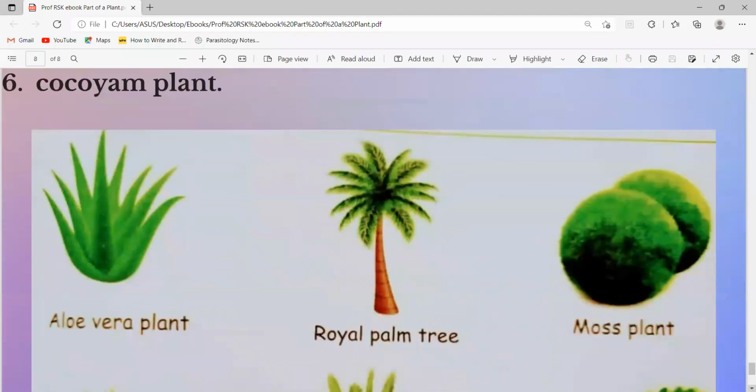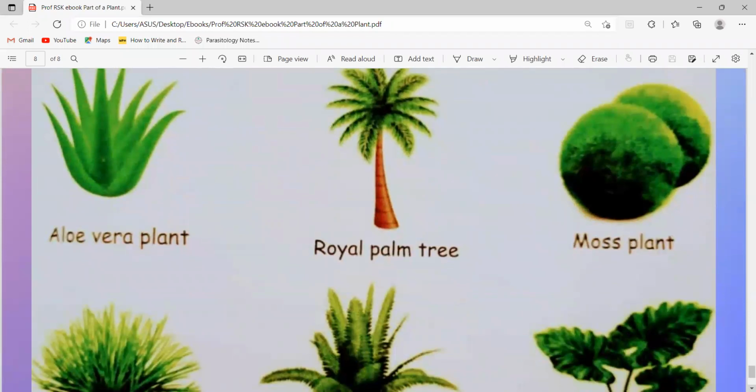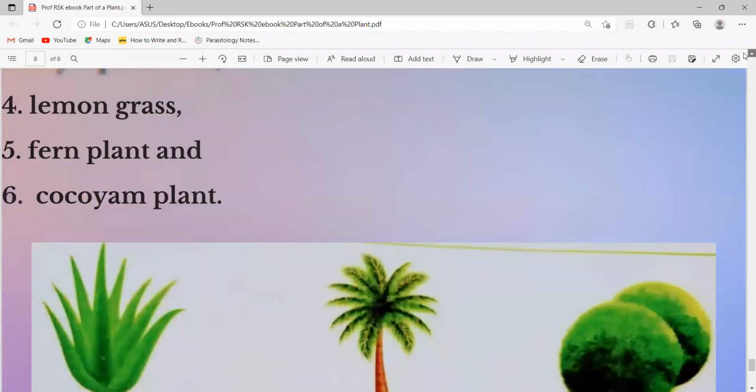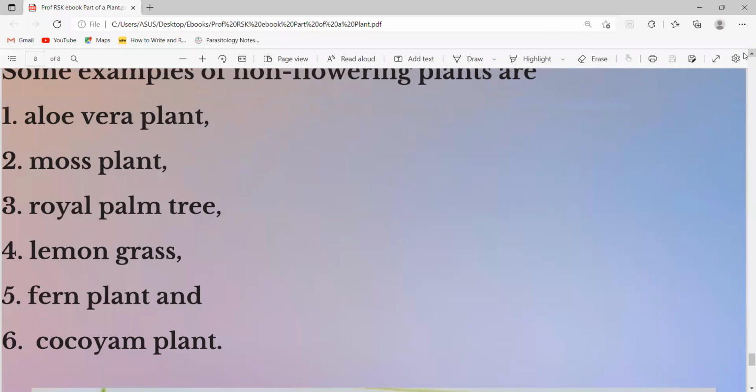These plants, you are not going to see flowers. No, they don't bear flowers. All right. So please take note of them.